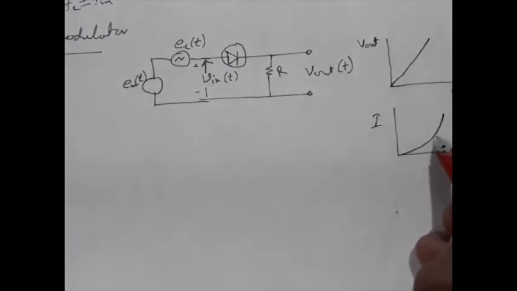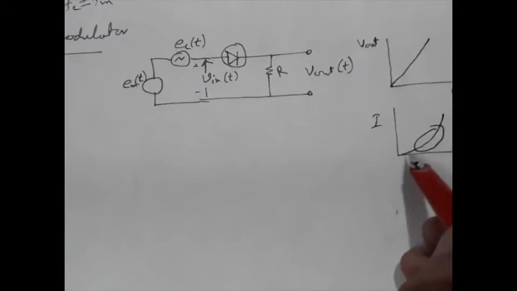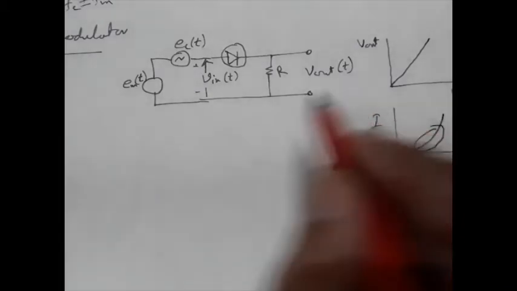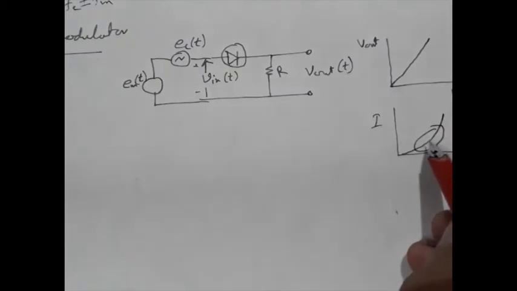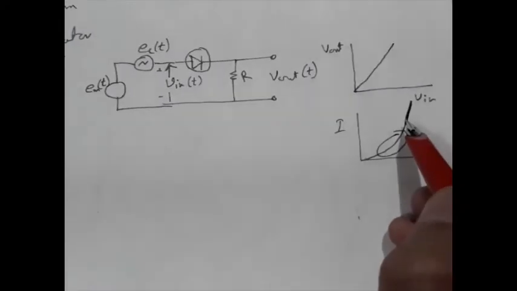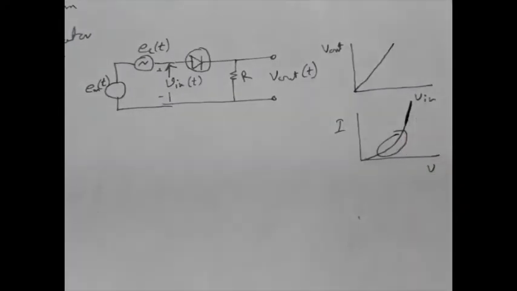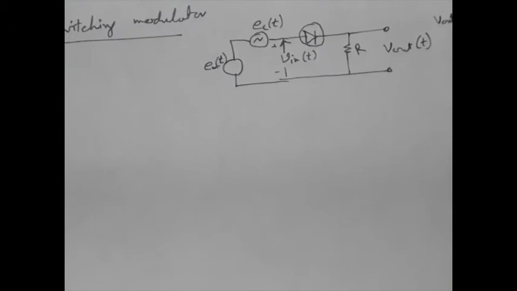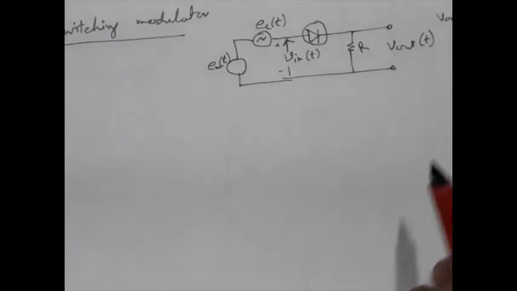For the square law modulator, we have used this knee region, but for the switching modulator, we have to use this linear region. So let us now see how it works.